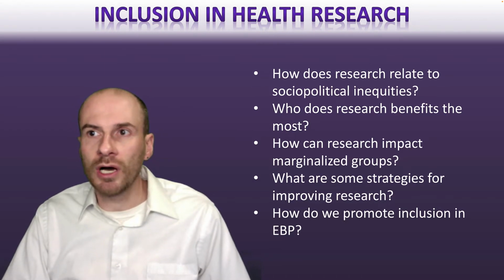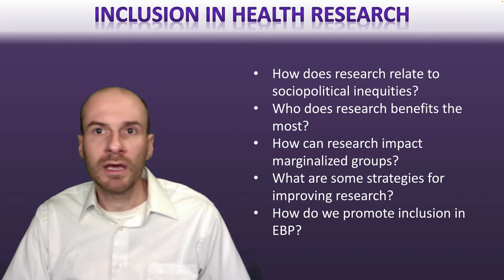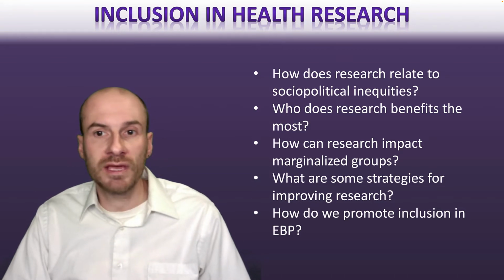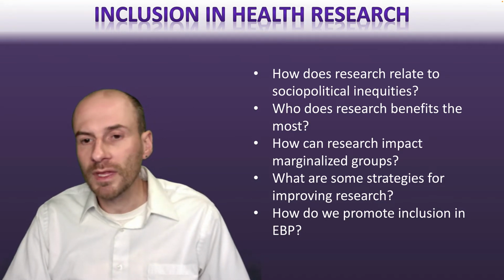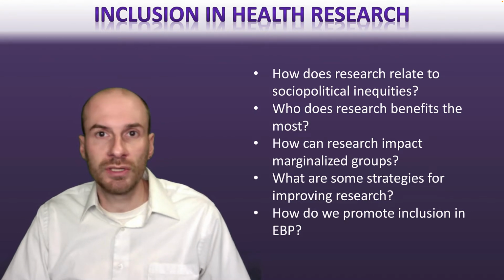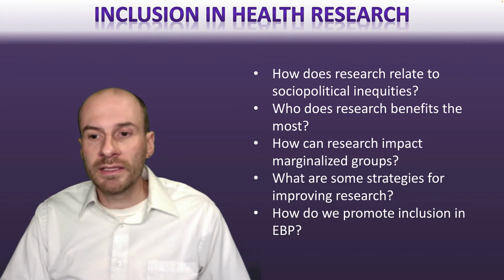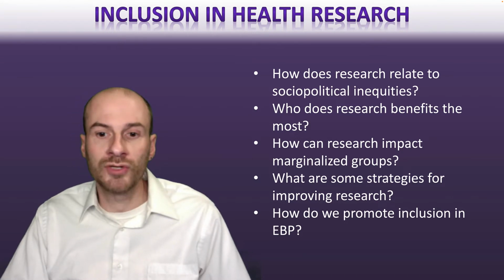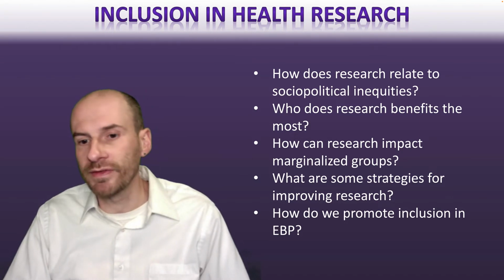I also want to talk a little bit about historically what individuals, what groups research has tended to benefit, and how we think about that in our current context. Then I'm going to talk a little bit about how research impacts different groups, particularly marginalized groups. And then go into a conversation about some different strategies that are out there for addressing this, and talk about two different examples of that.